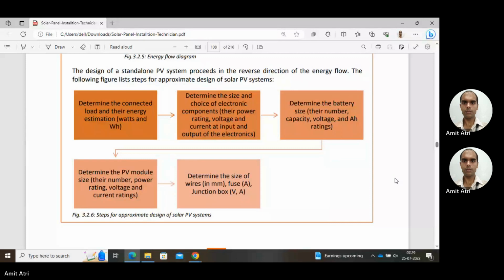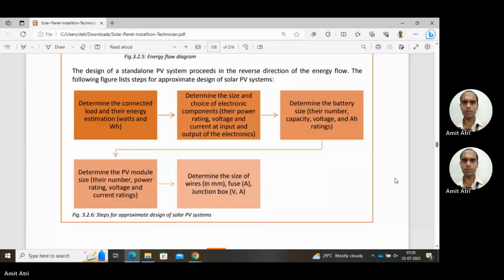The charge controller, we can decide in this way. What should be the power rating, for how much kilowatt or kVA? How much voltage, how much current? The capacity of the power electronic device should be suitable for the load that we are having.